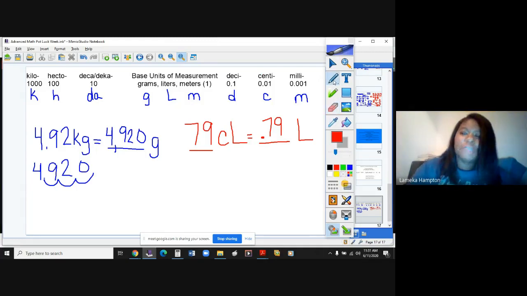All right. So again, if you know your left from right and your right from left, this is going to be real simple. But let me also say this. There are other measurements beyond kilo. Don't worry about them. And there are other measurements beyond milli. But again, don't worry about it. Just focus on what you see here. The reason why I wanted to bring it to your attention is simply because they're out there.